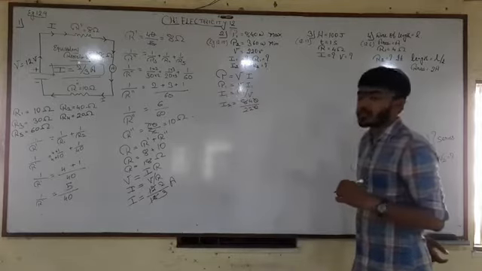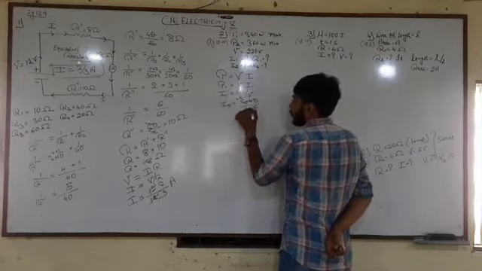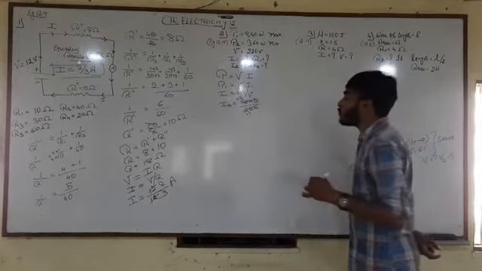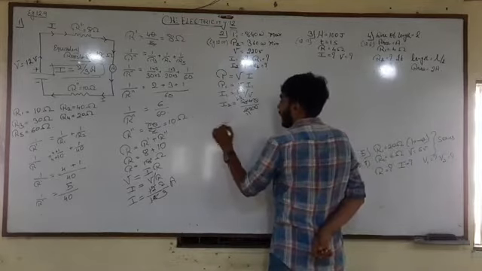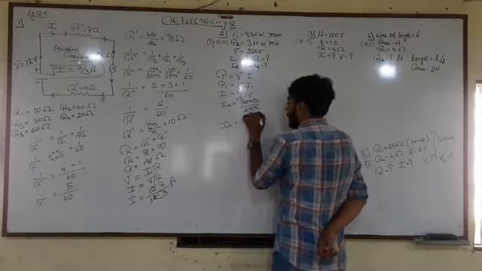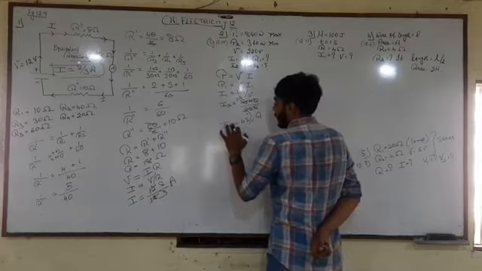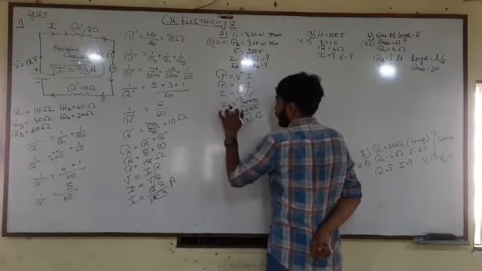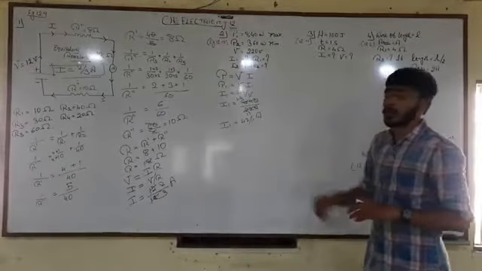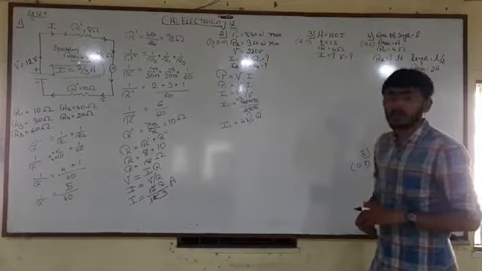Cancel the zeros, cancel 2 to get 42, and cancel with 11. So the electric current I1 is equal to 42 upon 11 ampere. Sorry, my mistake, this is I1. There is no mistake in the calculation, of course. So I1 is equal to 42 upon 11.